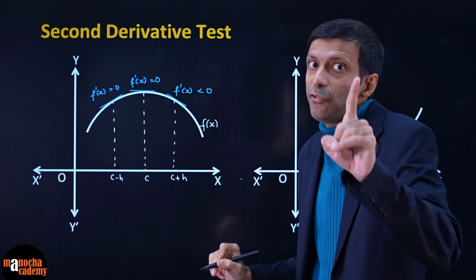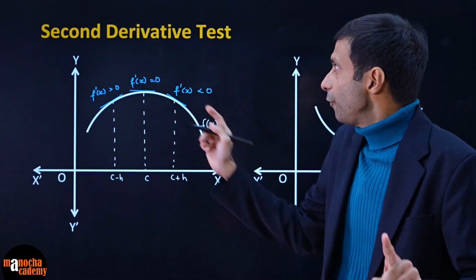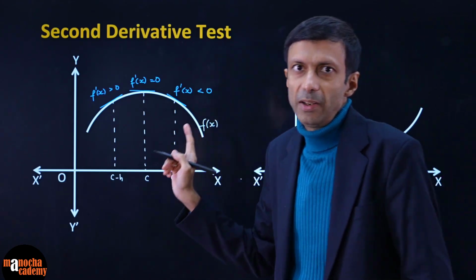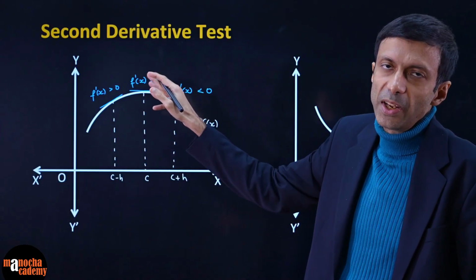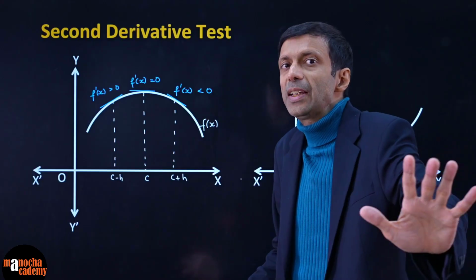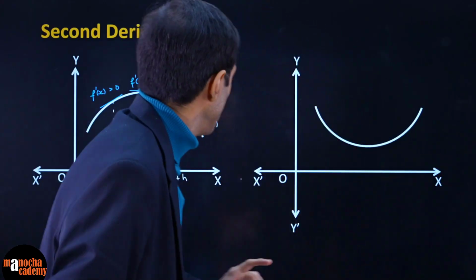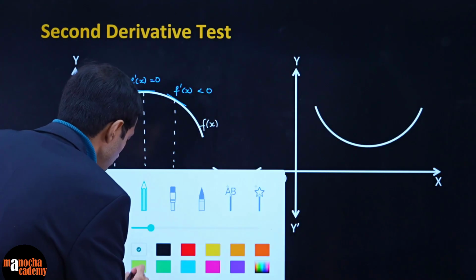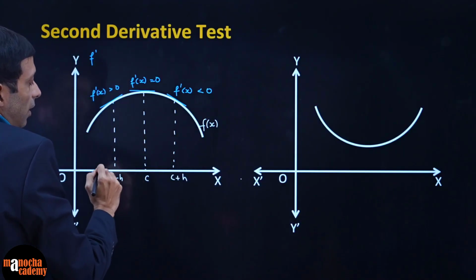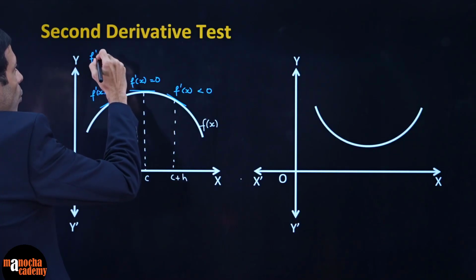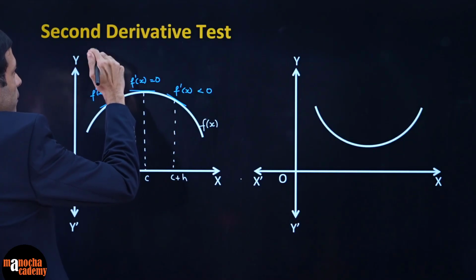Just focus on f'(x). f'(x) means this slope. f(x) is your graph, which is clearly taking on that hill, the maximum at the top of the hill. But forget about f(x), just look at f'(x). Tell me carefully, what is the trend of f'(x)?